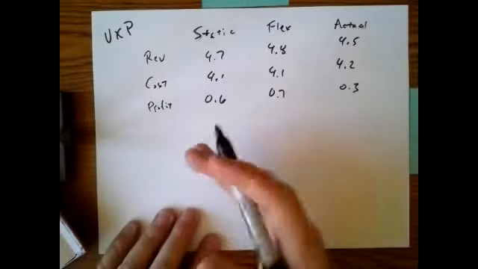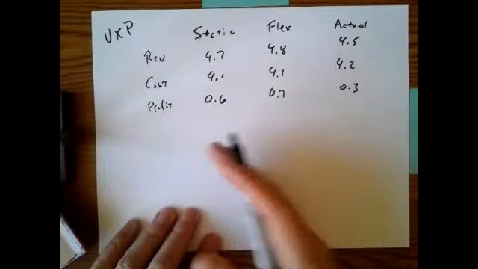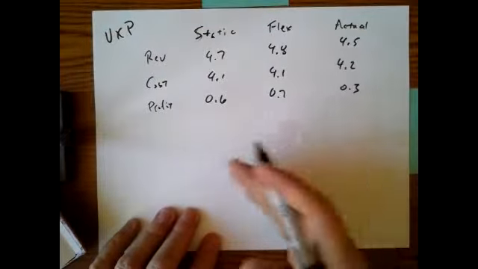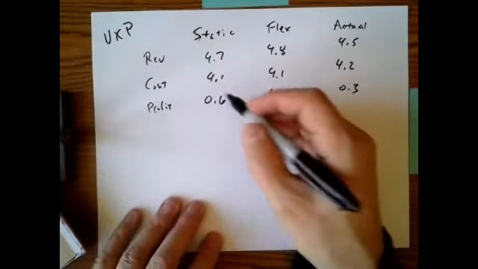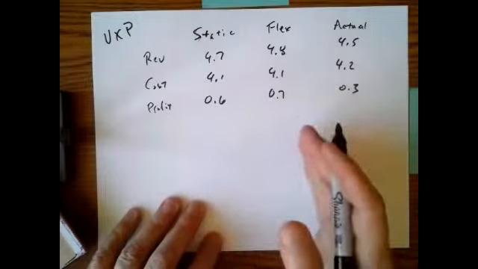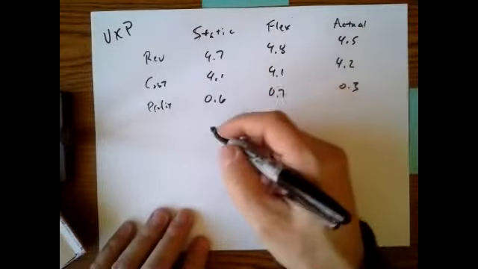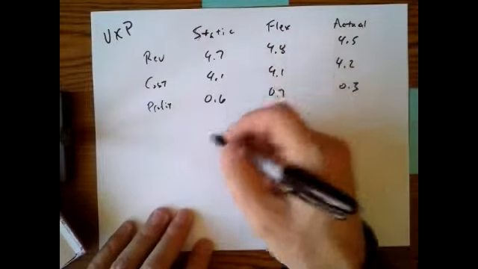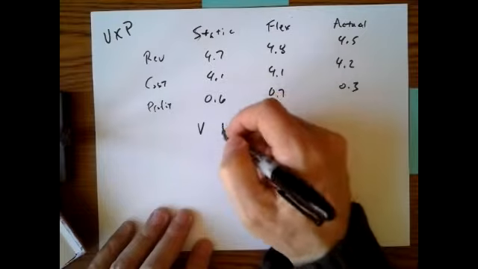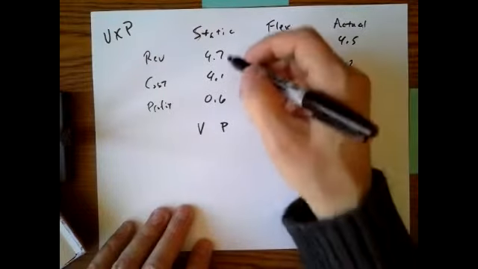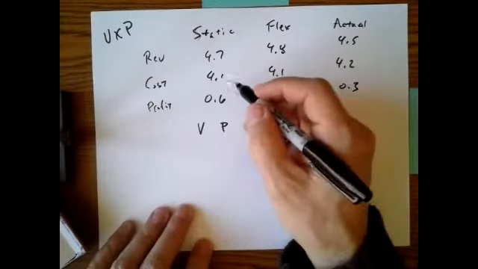Cost is always the volume of the services we provide times the cost per unit, so we can think of that as a price as well. And then profit is volume times the profit, or contribution, per unit. So we can think of each of these columns, and each of the rows, as a function of volume times price.